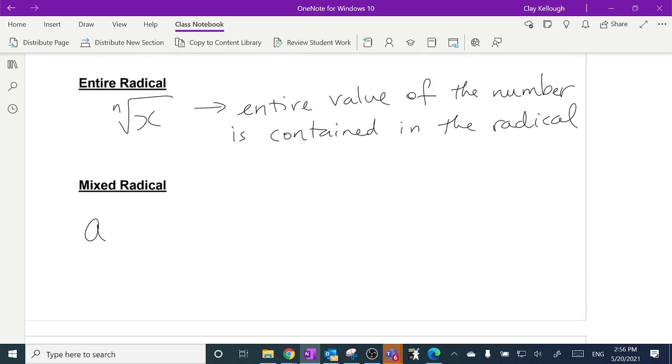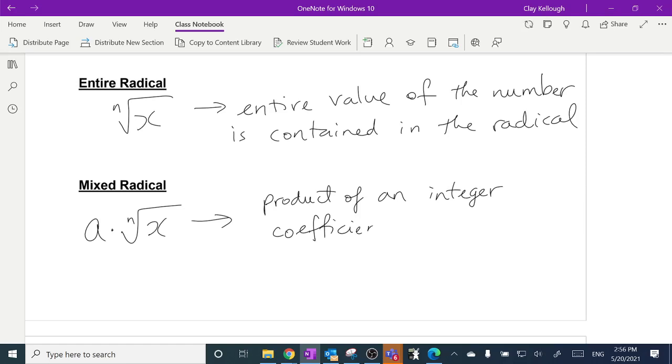That's where you have some coefficient times a radical, where a mixed radical is the product of an integer coefficient, that's the number, the coefficient, times a radical that can't be further simplified.